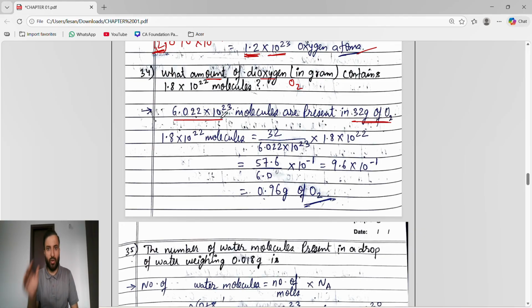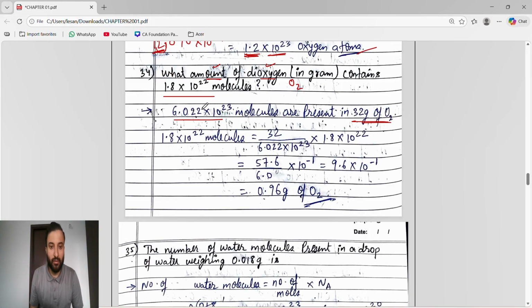Correct, whatever the molecular mass is, same Avogadro number. We have to find how much amount of dioxygen contains this much molecules. Molecules start from where? Avogadro number. Correct, because molecules divided by Avogadro number is mass divided by molar mass. Whatever the molar mass, it is same as the Avogadro number, and that all is same as the volume at STP.